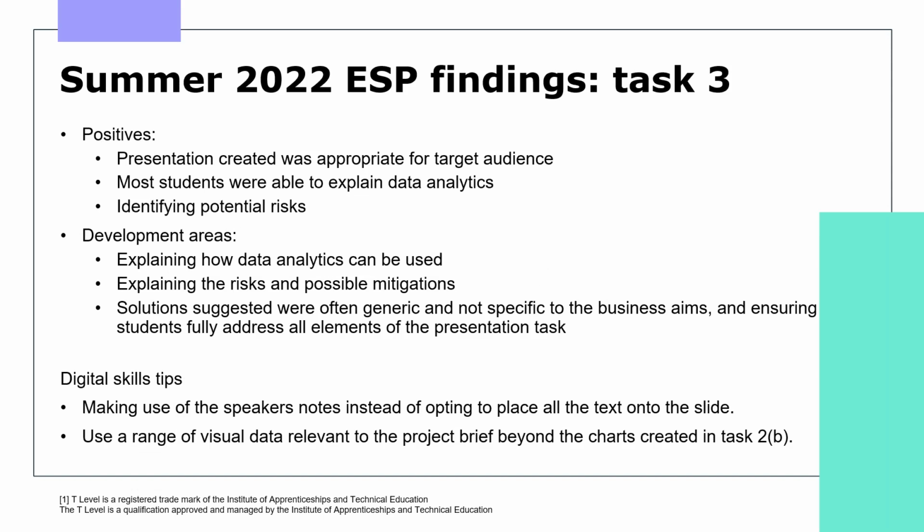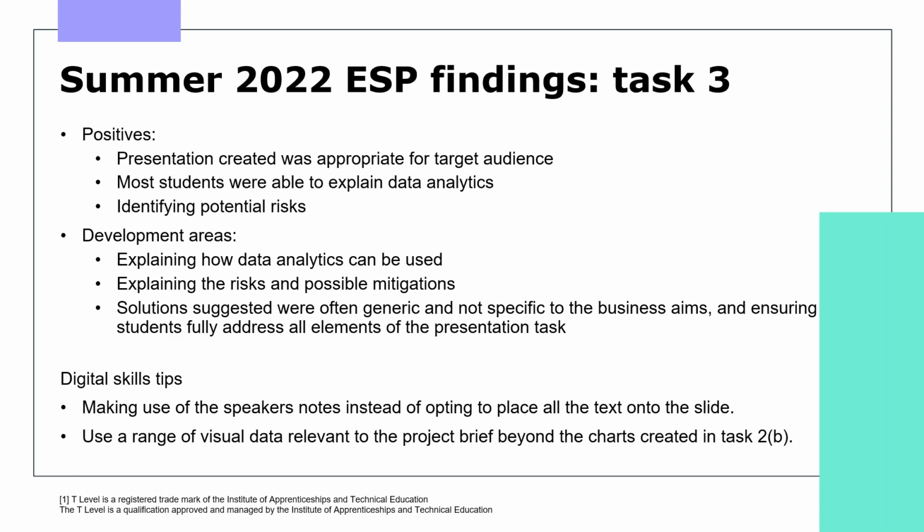Now, the recent findings from the summer found that students were able to create a presentation quite well for the non-technical audience, which is required here, and were able to explain the role of data analytics and identify potential risks. However, students needed to ensure that they give explanations of how data analytics can be used and, for the risks, include possible mitigations for the risks that are identified.